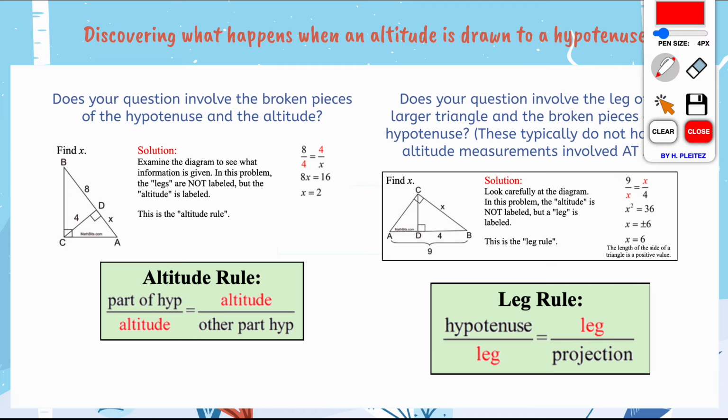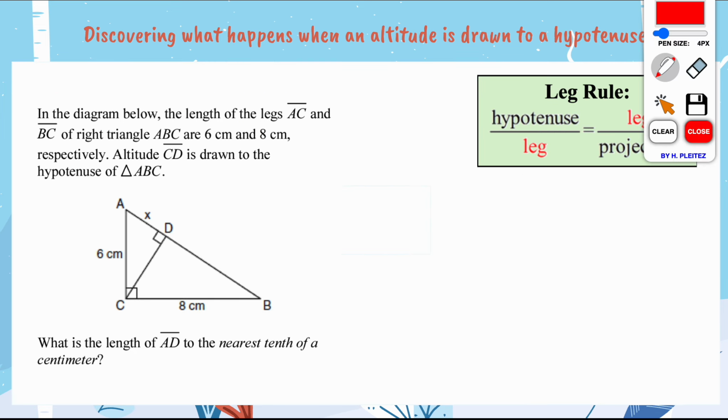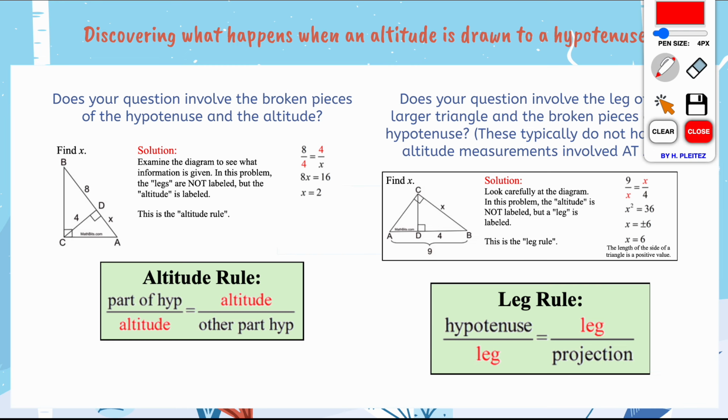Does your question involve broken pieces of the hypotenuse and the altitude? Usually that's a dead giveaway. In our other examples that we were just working with, for example, in this question, CD, which is the altitude, is not involved in the slightest. They don't give us a value for it. We're not looking for it. So if the altitude is not involved, we are not going to use the altitude rule, right?